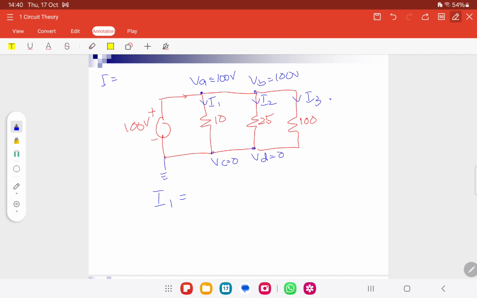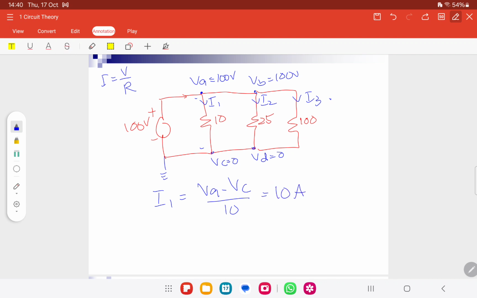Bukan cara lah, saya nak tunjuk yang for the circuit analysis dia ada banyak cara boleh guna. Okay. This is nodal analysis. I equals to V over R kan? Okay. V is the voltage drop at the node. So V kat sini VA minus VC, over 10. Dapat berapa?